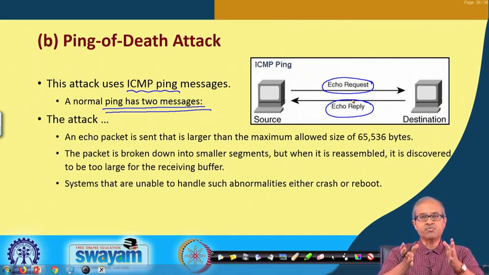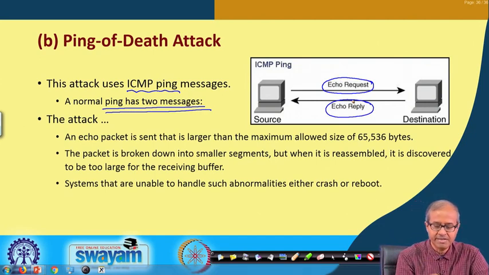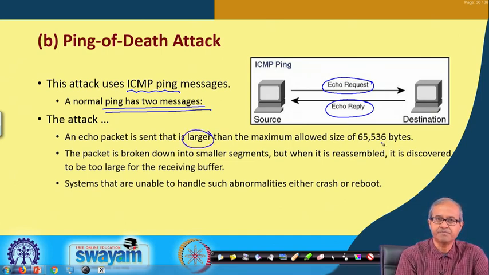These echo request and echo reply packets are typically small, they do not contain too many bytes. So, it is assumed that they will be less than the maximum allowed size of 64 kilobytes, 65536. But in this attack, an echo packet is deliberately sent which is larger than this maximum size.